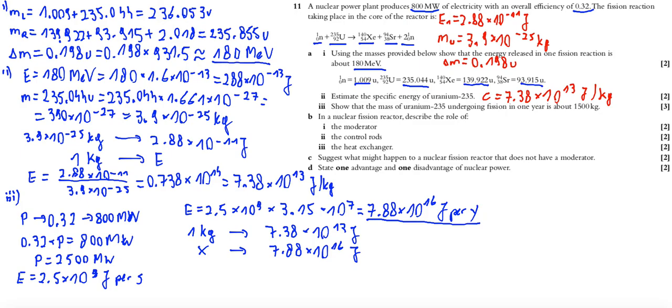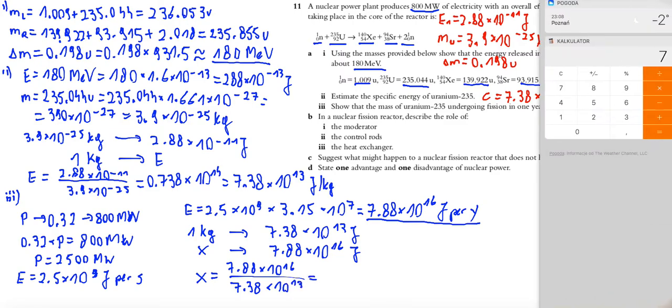I don't know why, because we have to finally divide this by this. So our final answer is 7.88 times 10 to the power of 16 divided by 7.38 times 10 to the power of 13, which is a little bit more than 1,000, but definitely not 1,500.